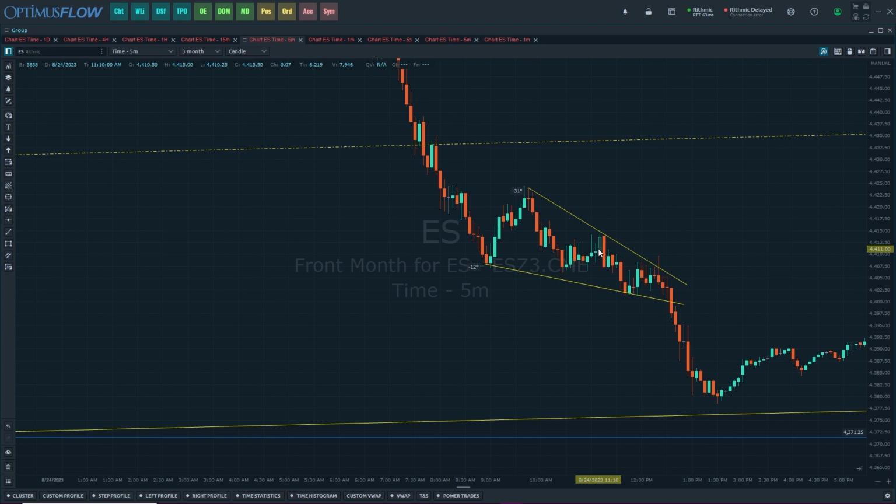We obviously don't know which way it's going to break out, but our indication would be that for how long this consolidated in this pennant pattern, when price breaks down or if it breaks up, that would be our indication that there is going to be some continuation of this move due to the amount of time that it's consolidated here in this pattern.